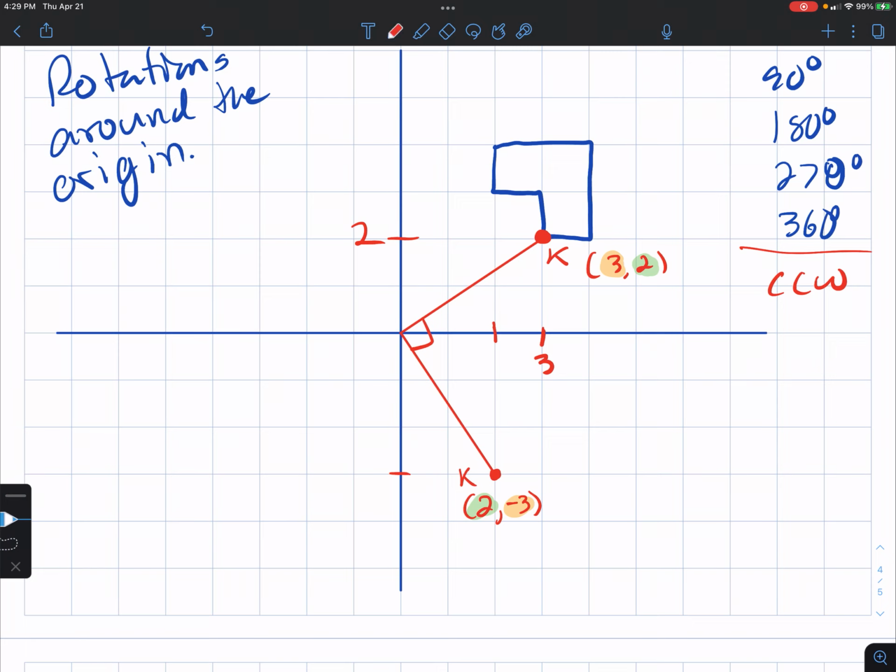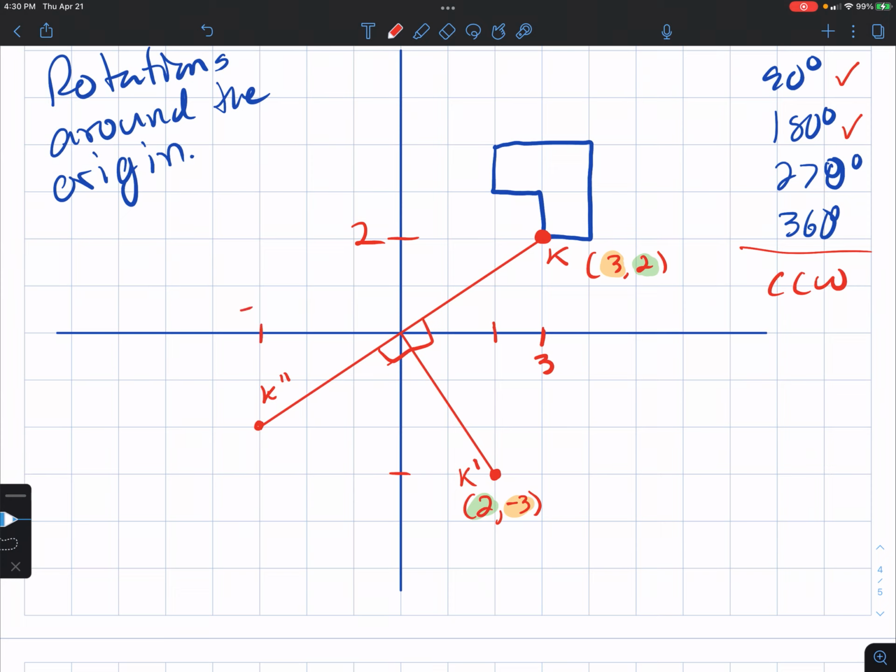If I can continue this, okay, so that's a 90-degree turn. 180 is just another 90-degree turn, so basically we're taking K prime here and thinking about K double prime. And I would just repeat this process with all the other points in my shape. So if we look, this is another 90 degrees. Two 90s makes a 180.